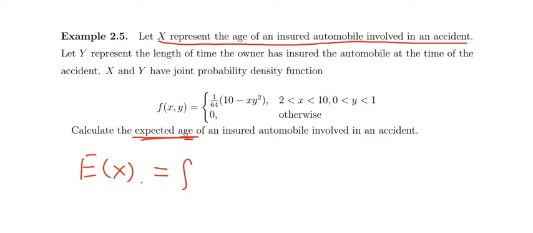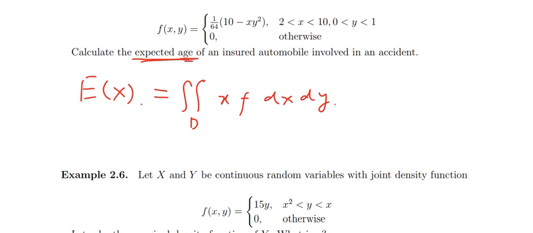So it equals the integral over this region of x times f, dx dy. Plug in here. What is x? In this region, x is between 2 and 10, and y is from 0 to 1.